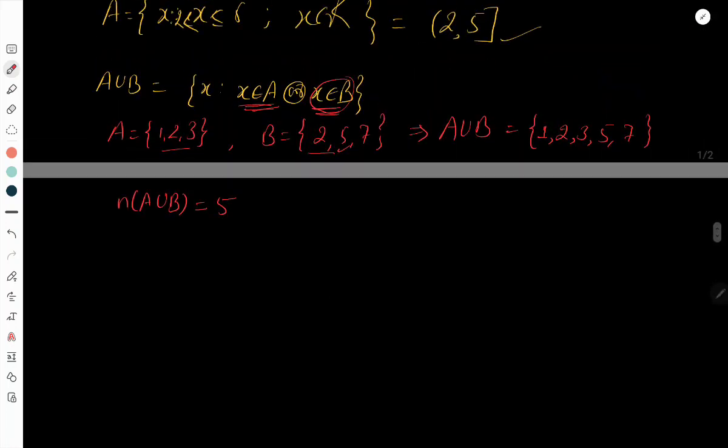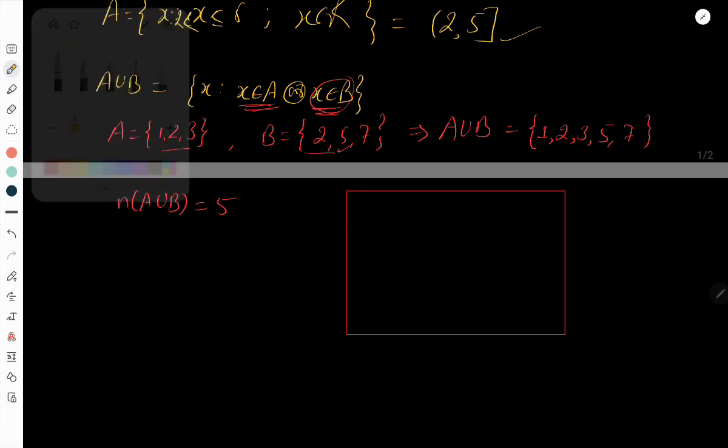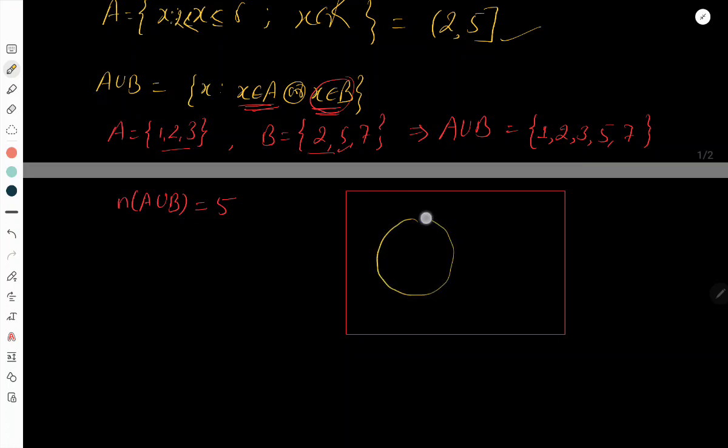Now if I say it to you by Venn diagram, how will it look? So let's see by Venn diagram. I am taking two sets here. This is, let's say, A and this is, let's say, B. In A: 1, 2, 3, and in B: 2, 5, 7, because 2 is in both. Whatever elements are in both, that is called the intersection.